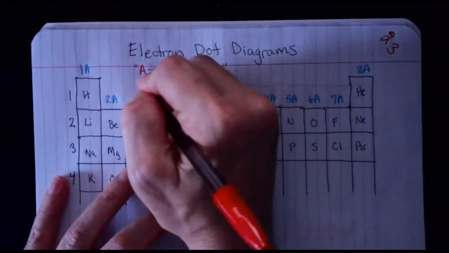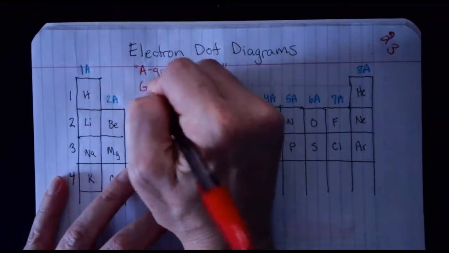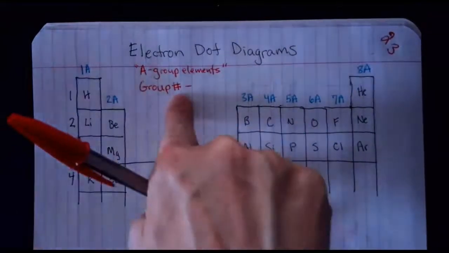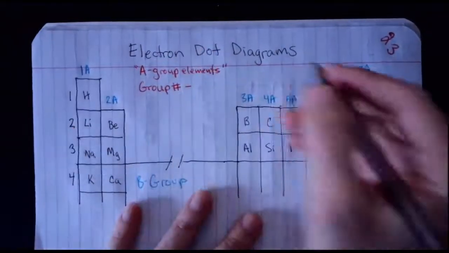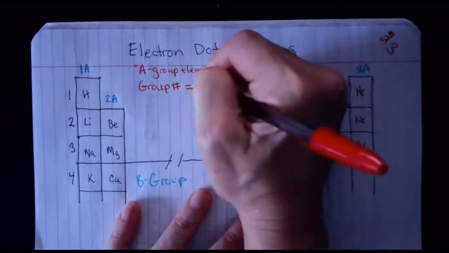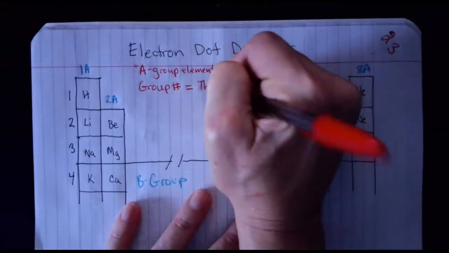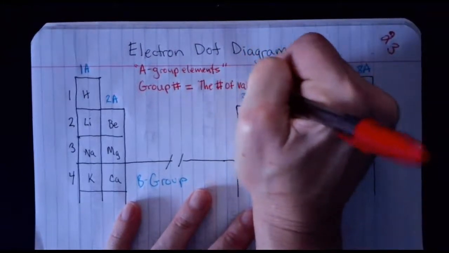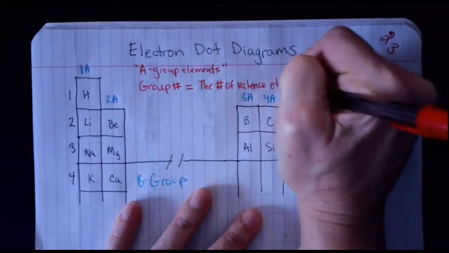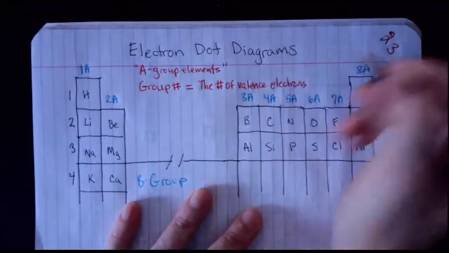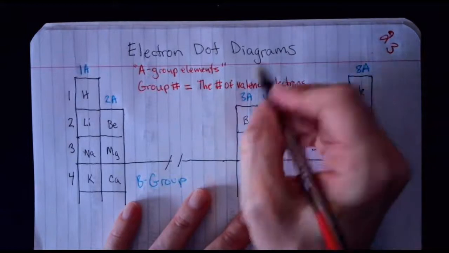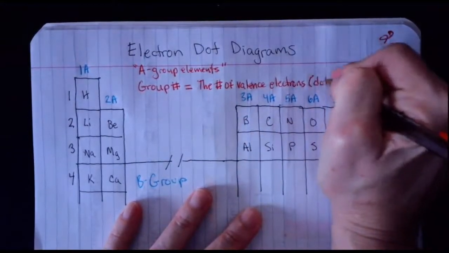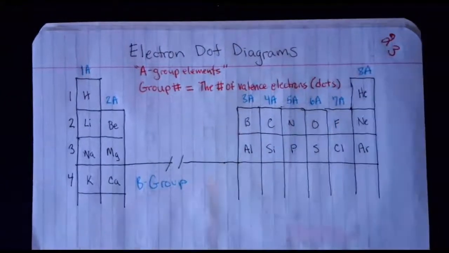For the A group elements, the group number, and I'm using the hashtag symbol for group number, the group number is equal to the number of valence electrons. Okay, and when we do our dot diagram, these valence electrons are going to be represented as, drum roll, dots.